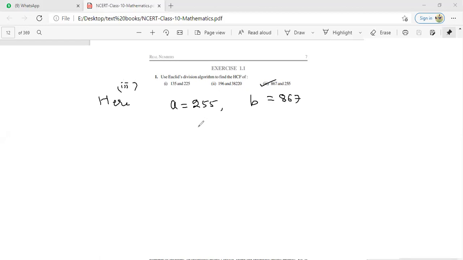Okay, so we will start dividing and simultaneously you can write the steps. 255 will go 3 times. 765 and the remainder will be 102.